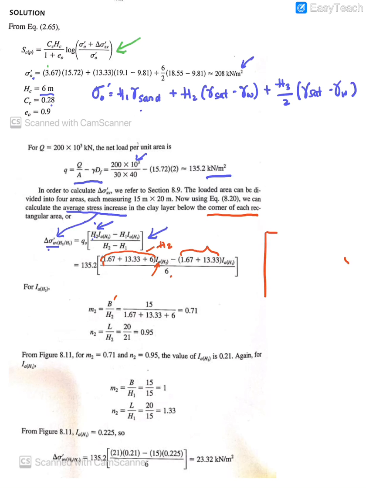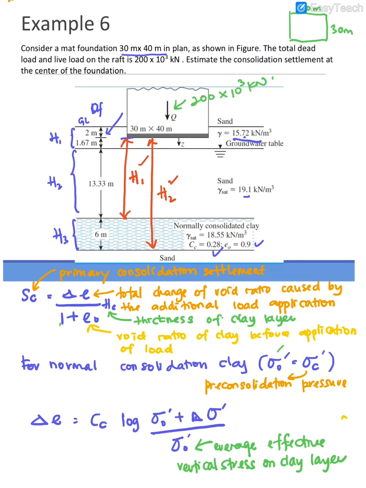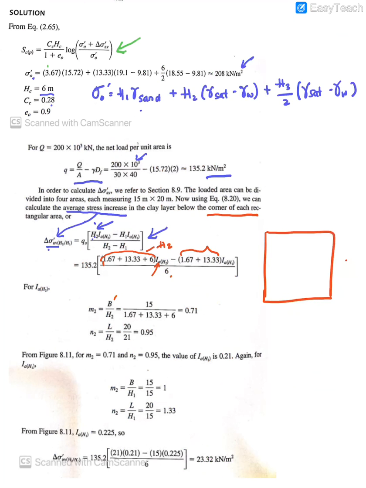So the size just now, B given in the equation is 30 meter, and L is 40 meter.